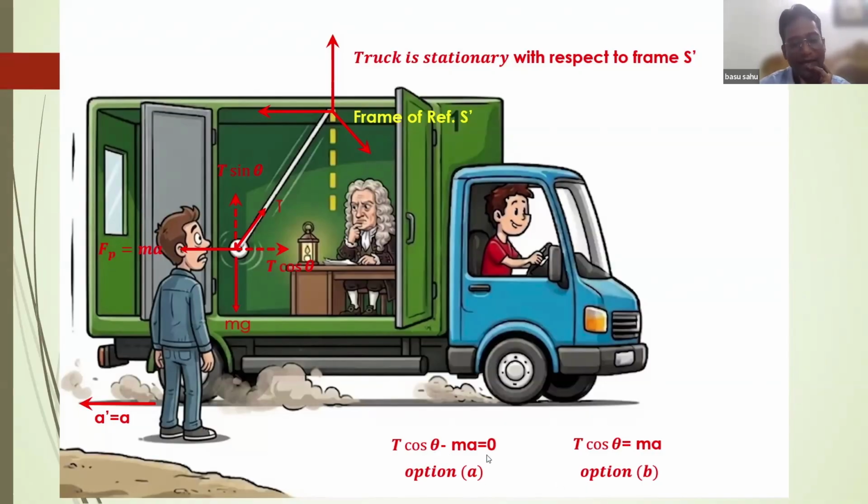Option A: T cos theta minus ma equal to 0. Option B: T cos theta equal to ma. Both are equally similar in terms of mathematics, but in terms of physics, both have different meanings. Choose accordingly, based on what meaning you are taking in a non-inertial frame of reference.